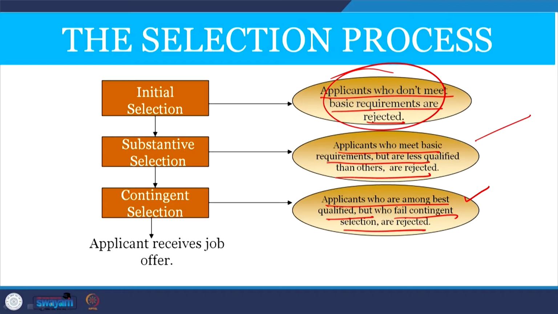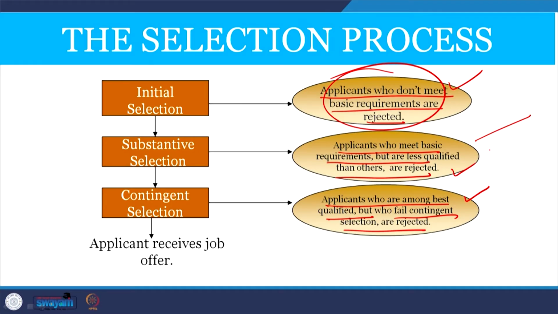So, what is the selection process? The selection process consists of 3 stages: initial selection, substantive selection and contingent selection. In the initial selection, applicants who do not meet the basic requirements, who are completely not suitable for the position, are rejected. In the second phase, substantive selection, applicants who meet basic requirements but are less qualified as compared to others are rejected.